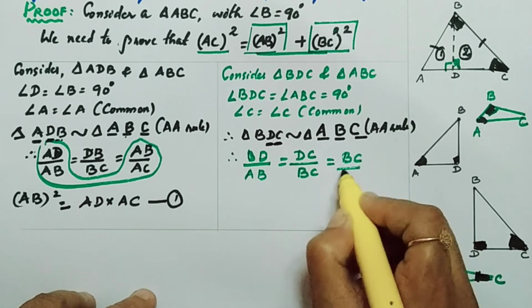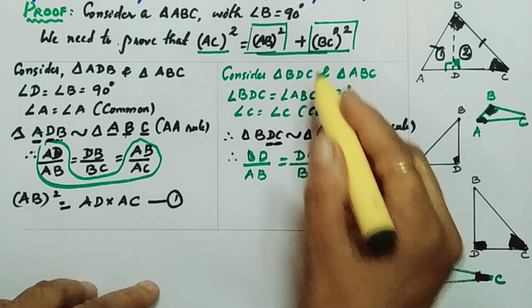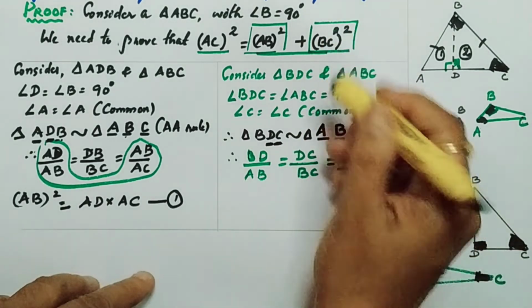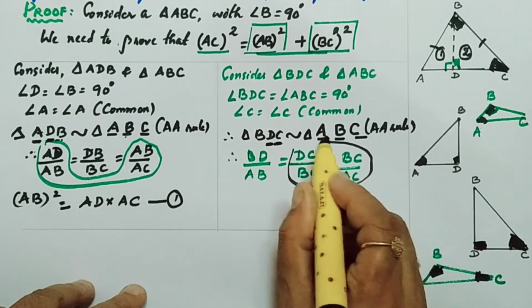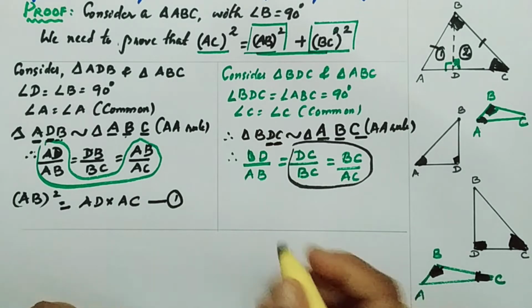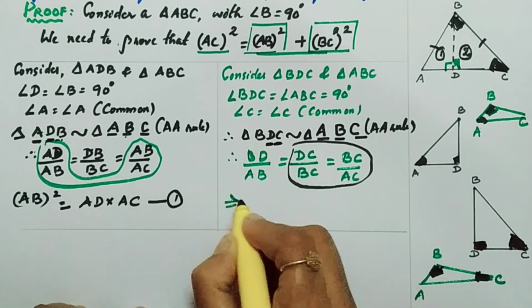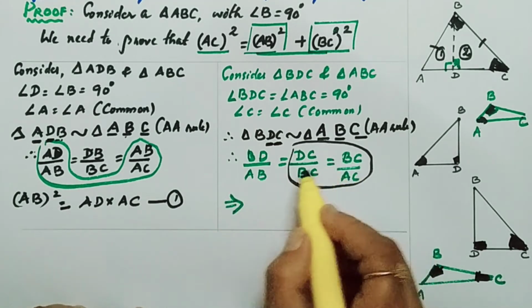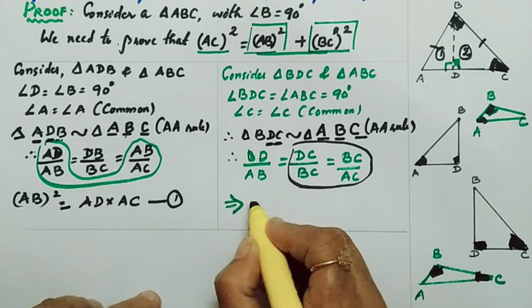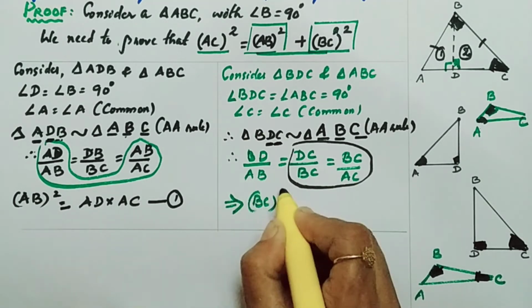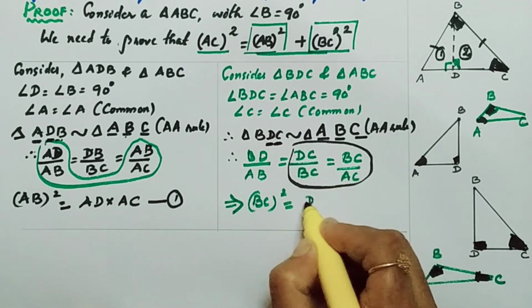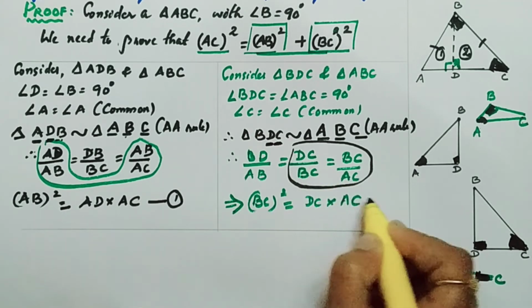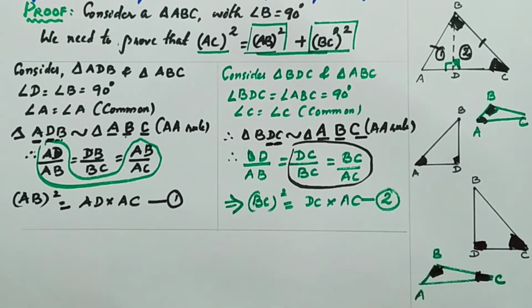To get BC square, I need to equate these last two ratios alone. Cross multiplying, you get BC into BC is BC square equals DC into AC. This is equation number 2.